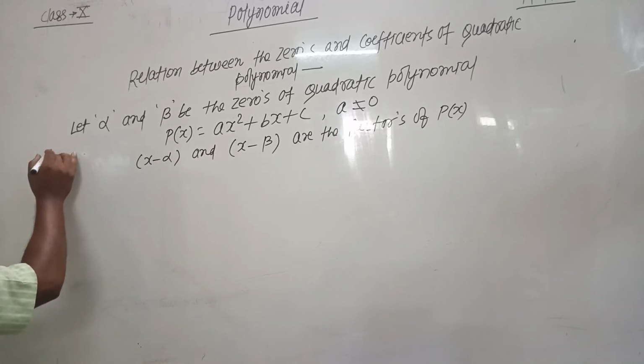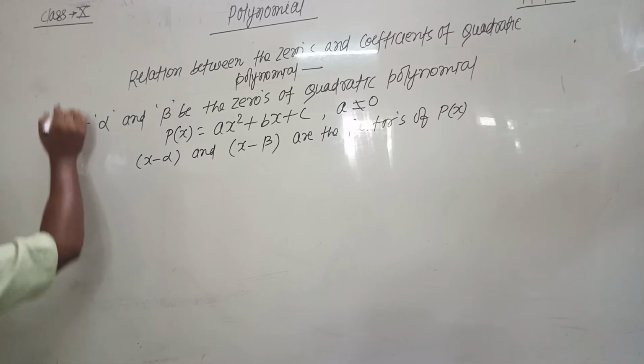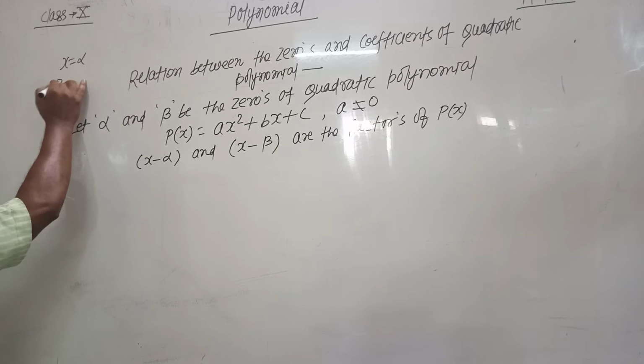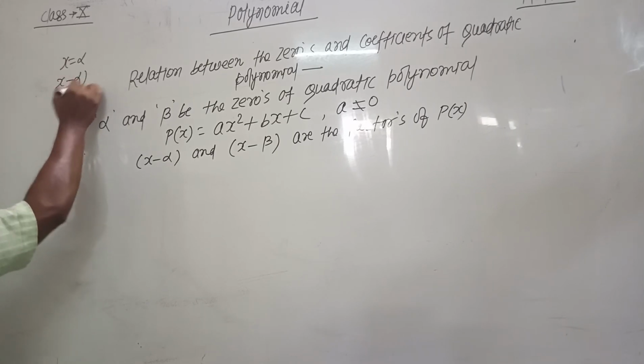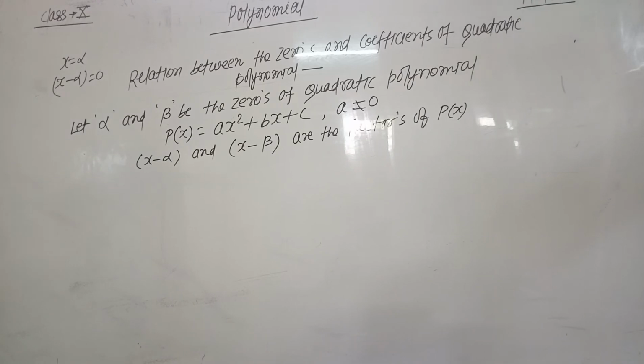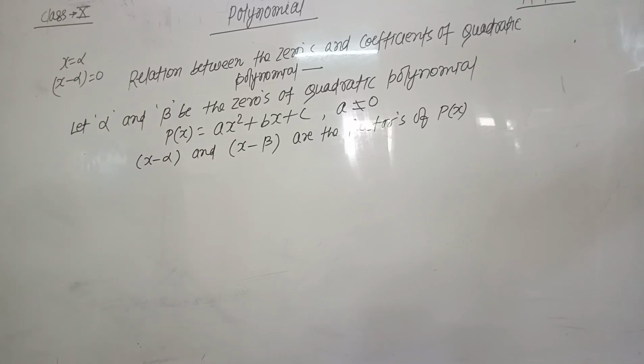Because x equals alpha is a zero, and when alpha comes to the left side, it becomes x minus alpha equals 0. So if alpha and beta are the zeros of the polynomial, then x minus alpha and x minus beta must be factors of P(x).